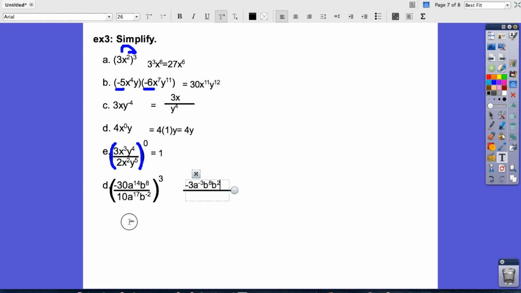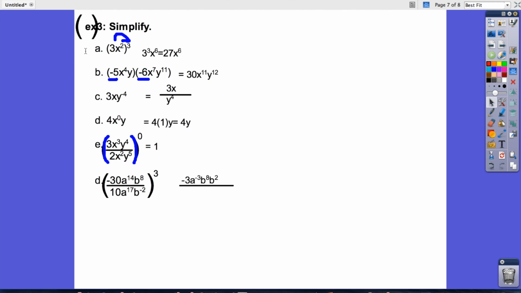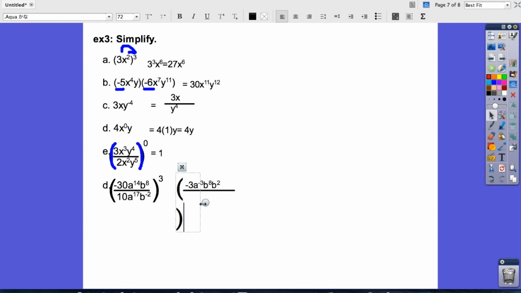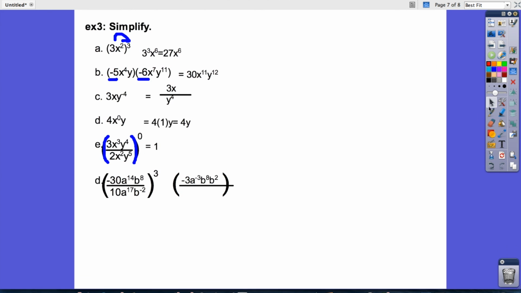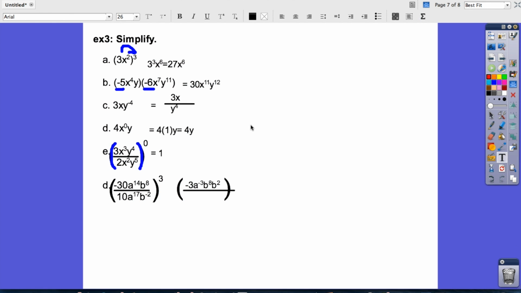And notice we haven't touched the exponent on the outside, so we're going to keep it there because we haven't done anything with it yet. Notice we still have a 3 on the outside.